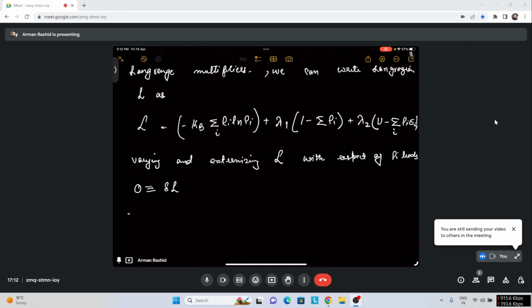So we take this equation, delta of the sum over i of kB rho i ln of rho i, plus delta of the second term with lambda 1, minus summation over i of lambda 1 rho i, plus delta of lambda 2 times the summation over i.